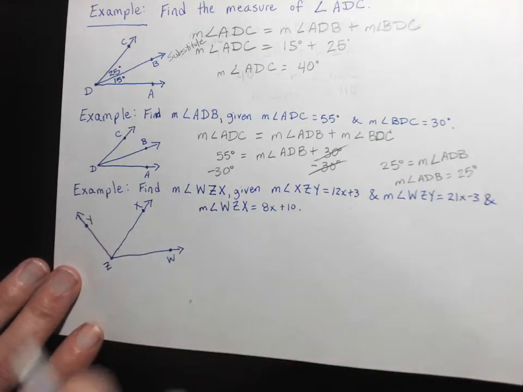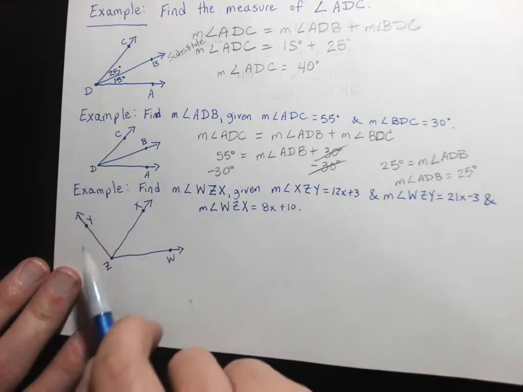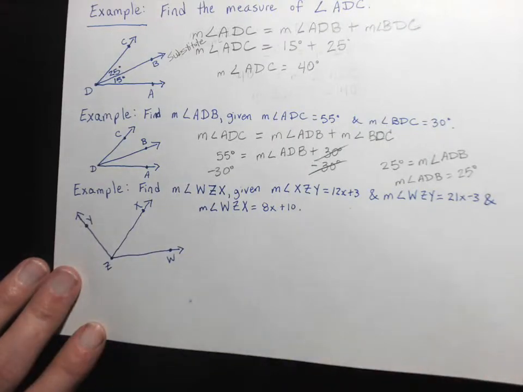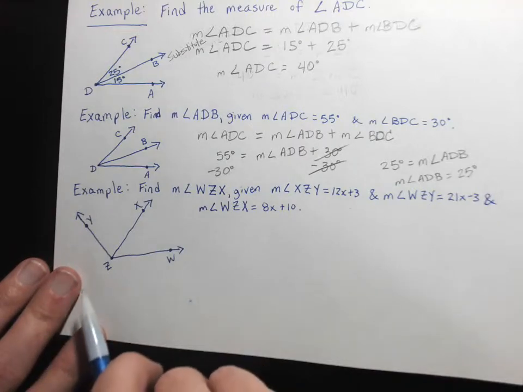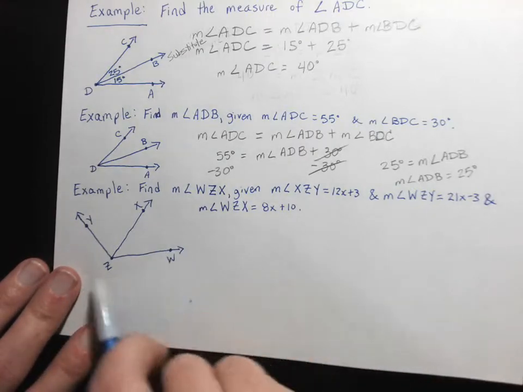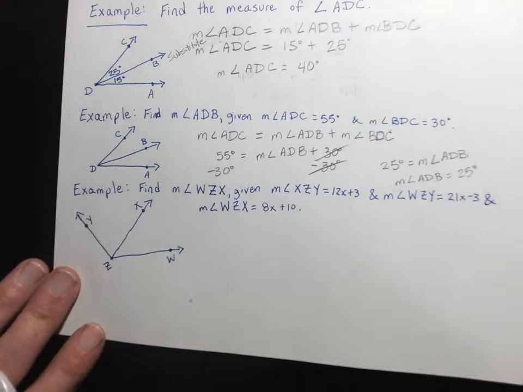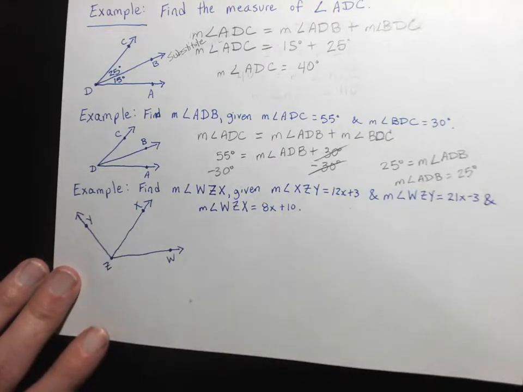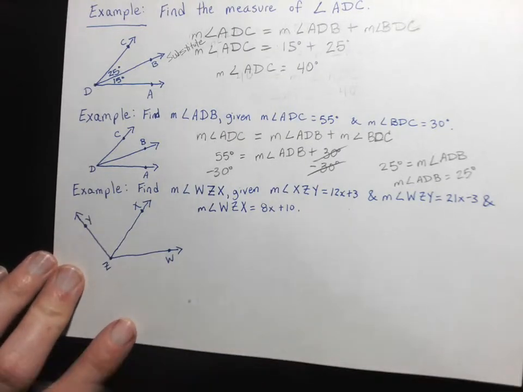given that the measure of angle XZY is 12x plus 3, WZY is 21x minus 3, and WZX is 8x plus 10. Again, we notice we have adjacent angles, and the angle addition postulate applies.